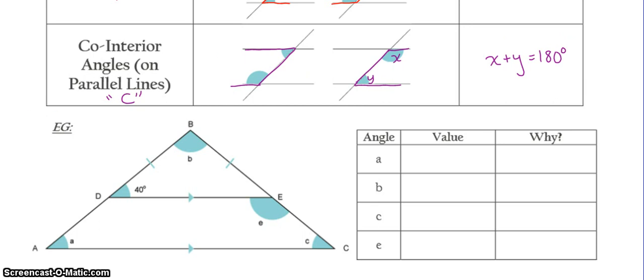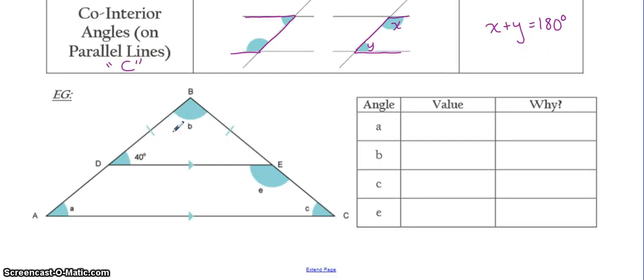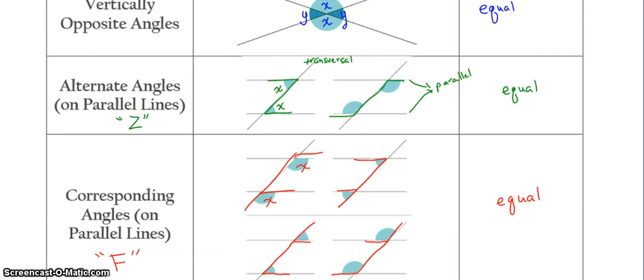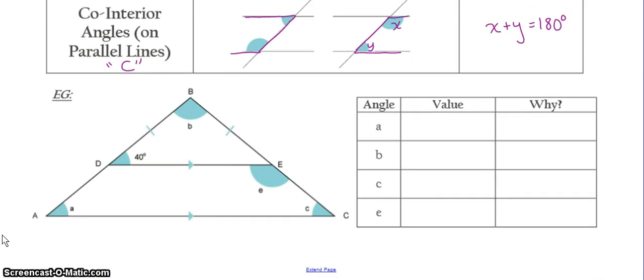So here's an example you might get. In these cases, what you have to do is state the value of each of the variables, and you have to state how you know. So for instance, which one of these relationships tells you that that's the value?